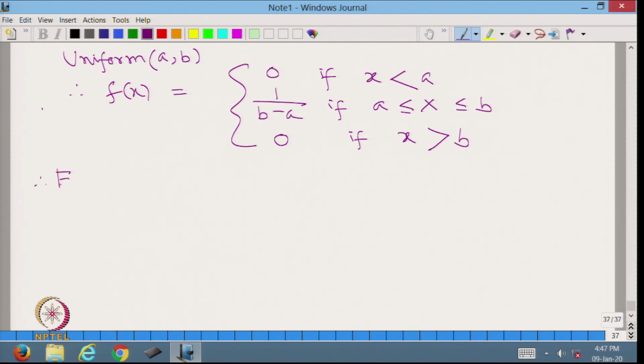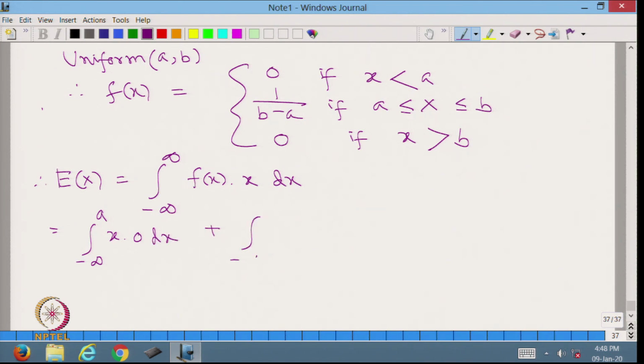Therefore, the expected value of X is equal to the integral from minus infinity to infinity of f(x) times x dx, which is equal to the integral from minus infinity to a of x times 0 dx, plus the integral from a to b of x times 1 upon (b − a) dx, plus the integral from b to infinity of x times 0 dx.